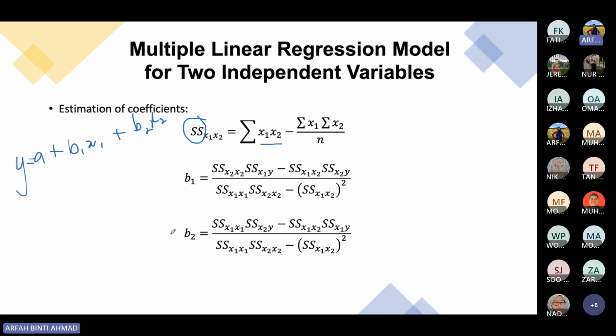This is the formula for B1, this is the formula for B2, and this is the formula for A. A equal to y bar, which is the mean of y, minus B1 x bar 1, minus B2 x bar 2. Okay, so you are going to estimate each of the coefficient. Okay, clear so far?